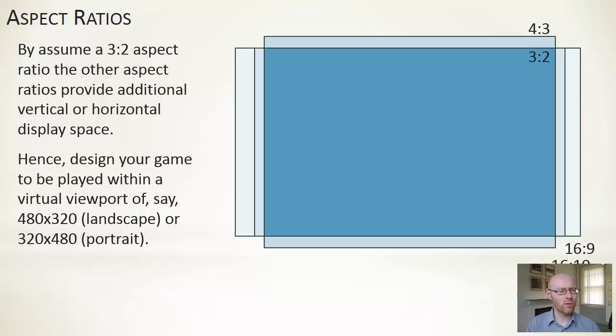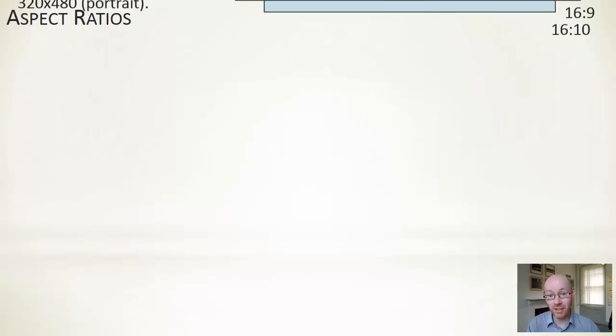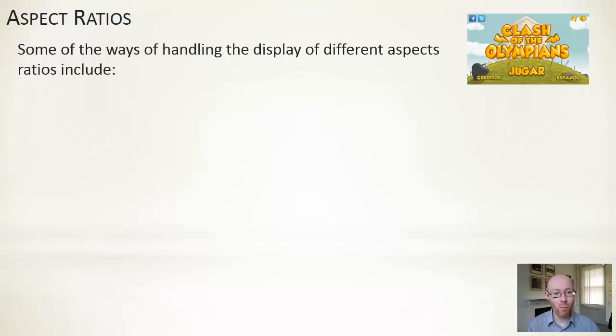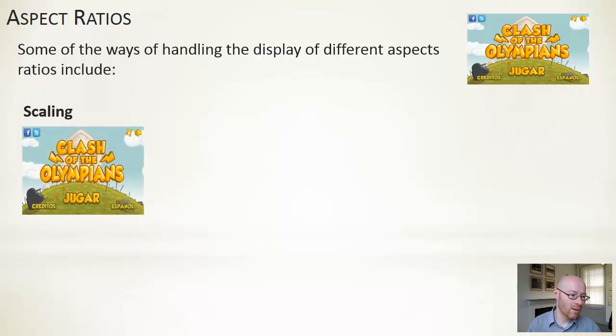So what do you do? You've created your 3:2 aspect ratio, you're running on a device that actually has a different physical aspect ratio. What do we do as a consequence of that? There's different ways of handling it. One approach is to simply stretch what you have to whatever aspect ratio you're drawing to. You can also use black bars, so you can say, okay, I'm just going to draw a 3:2 region, and the other regions I'm going to leave black, I'm not going to actually draw to them.